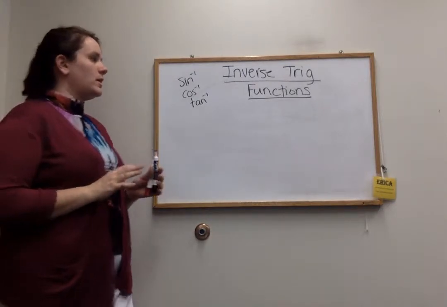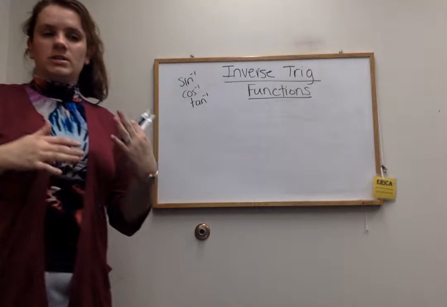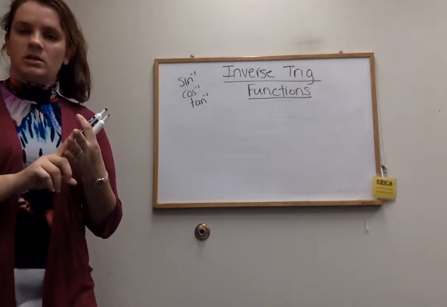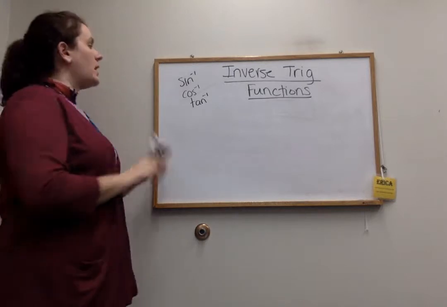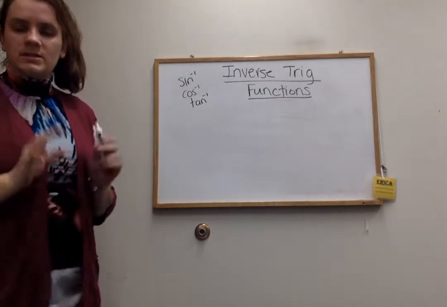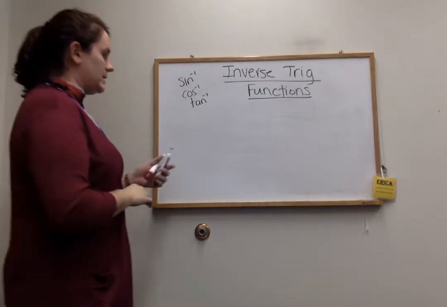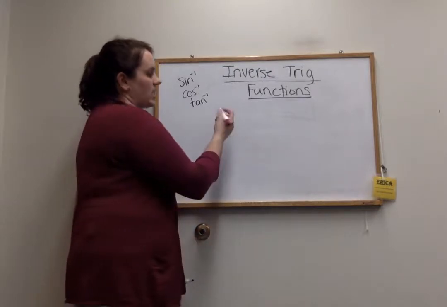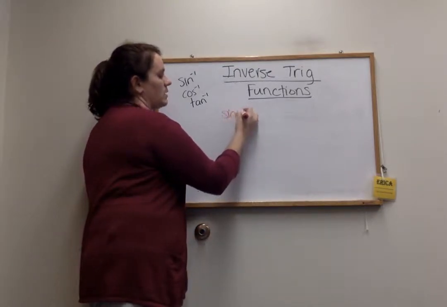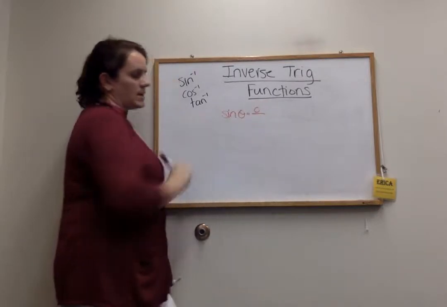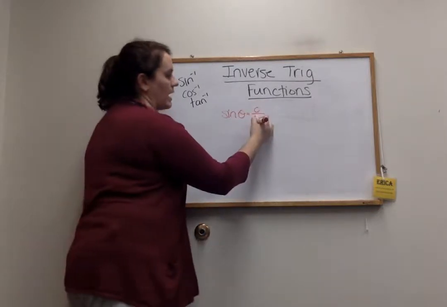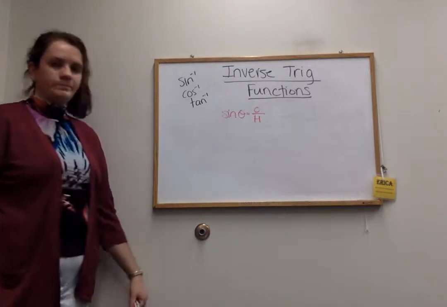So far, we've been looking at the regular trig functions, right? Sine, cosine, tangent, and then three reciprocals, cosecant, secant, cotangent. And we're just going to work with sine for the purposes of this, just to keep everything consistent. But we know in general that the sine of some angle is equal to the opposite side of the triangle over the hypotenuse of the triangle.